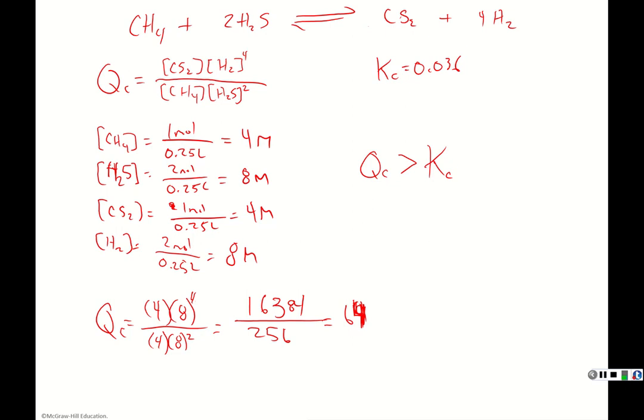That means your products, the things that are in the top there in your expression, are more than they should be at equilibrium. And the stuff in the bottom, the reactants, are less than they should be. So what that means is you're product heavy in a sense, reactant light. So the reaction is going to go backwards, to the left in how this is written.